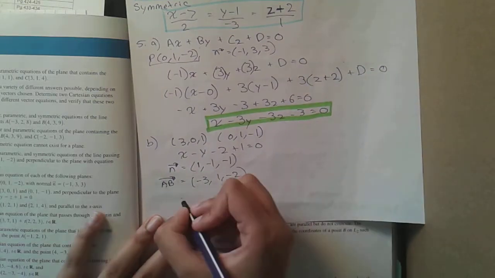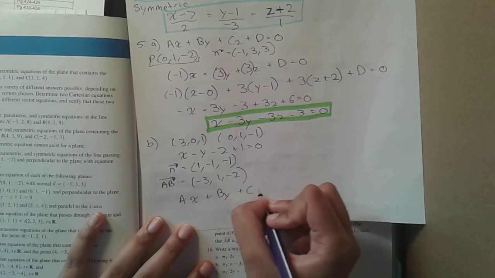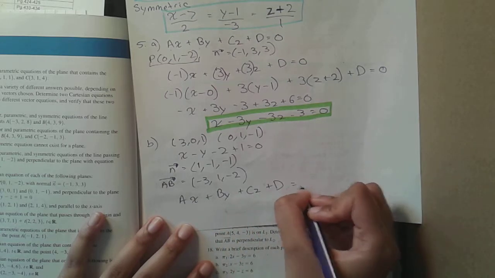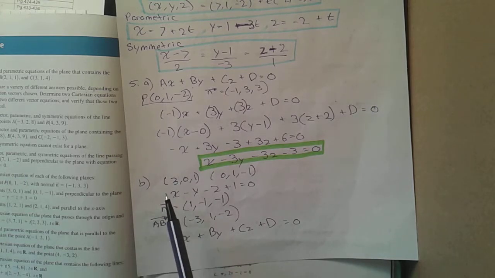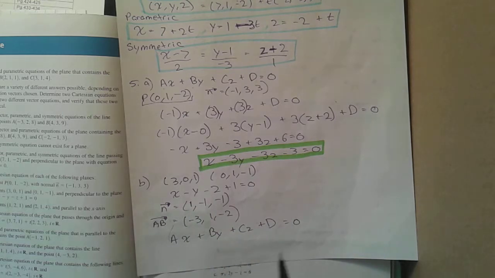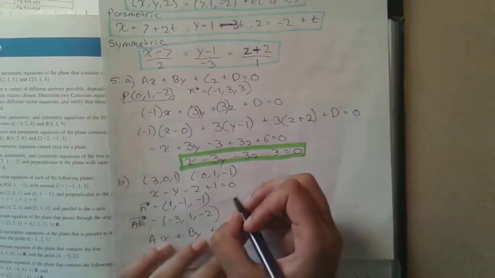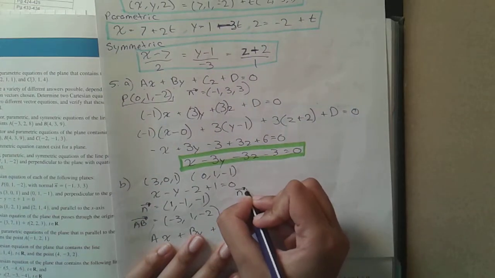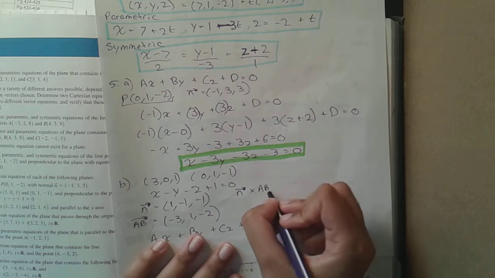So now we can have our ax plus by plus cz plus d equals 0. But to get the a, b, c, that's just a vector. So we need to multiply these two vectors to get the normal to plug into a, b, c. We need to cross multiply this vector with a, b.